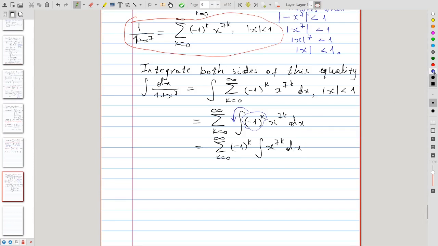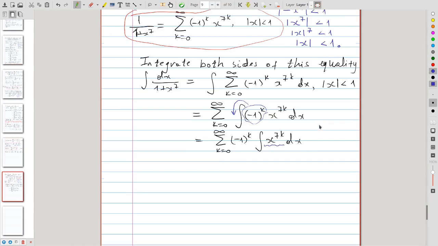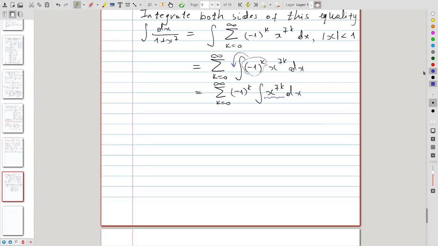Now, it suffices to integrate this expression, and this is of course just a power function. To integrate a power function, all that we have to do is to increment the exponent and divide by it, like so.